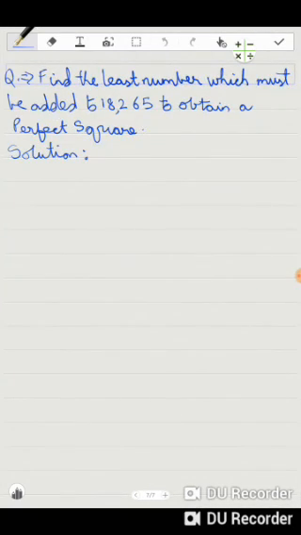Now let's look at this. This is a little tricky one. Find the least number which must be added to 18,265 to obtain a perfect square.